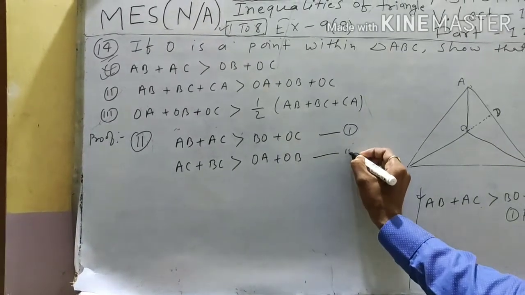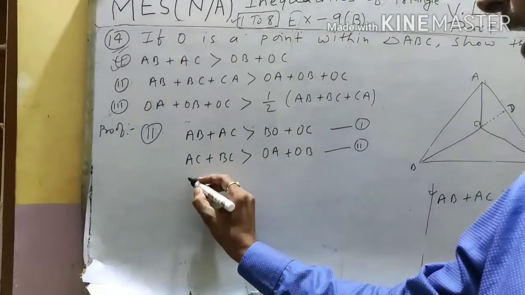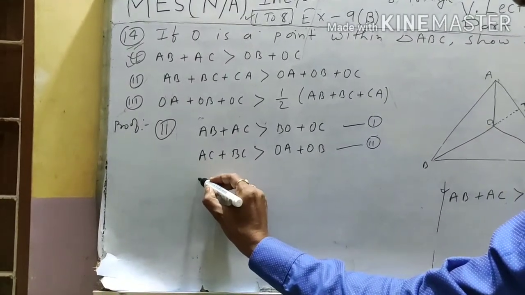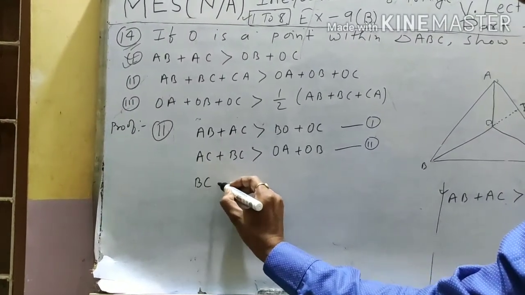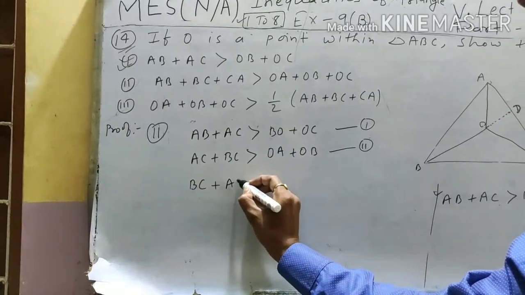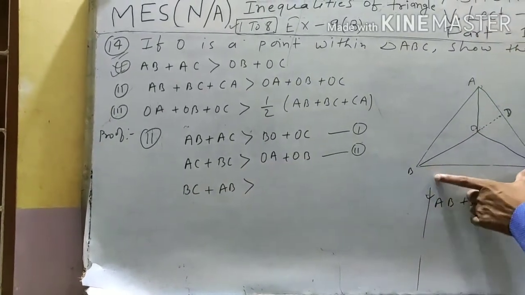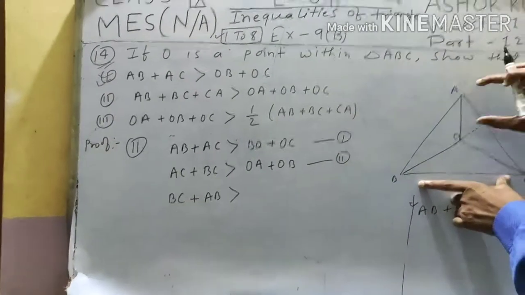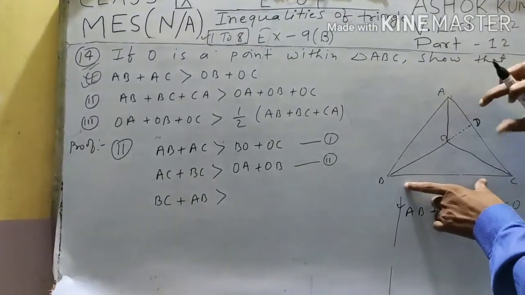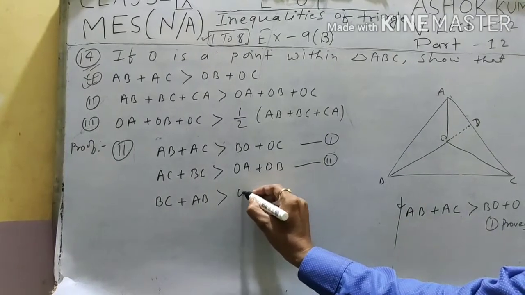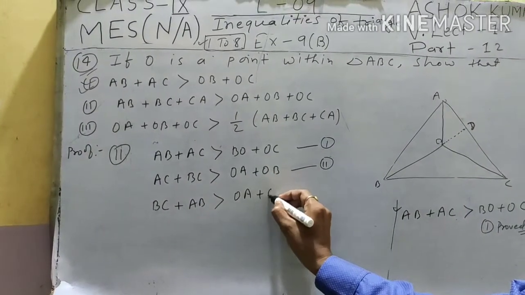This is equation second. And the last expression is BC plus AB is greater than, take here BC plus AB, that means you have to take OA and OC, is greater than OA plus OC.